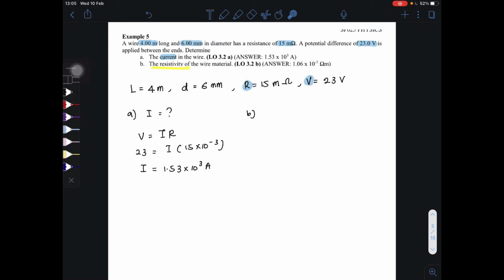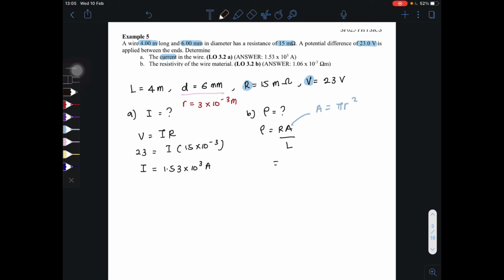Determine the resistivity of the wire material. So we want to find the resistivity, and the formula is RA divided by L. The area, because it's a wire, will be equal to πr². Because we are given the diameter here, we change it to radius, which is half, 3 exponent negative 3 meter.